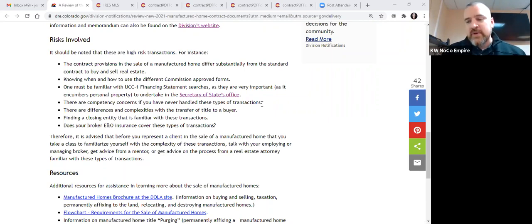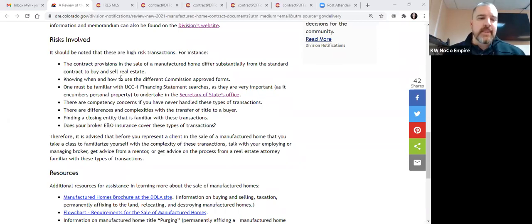You can partner with them. You can refer the deal out to them and still have them kind of mentor you. You can take classes. But to just dive in, having never done one before and not really understanding what you're doing, creates competency issues. And again, the Real Estate Commission can take action against your license as a real estate broker.